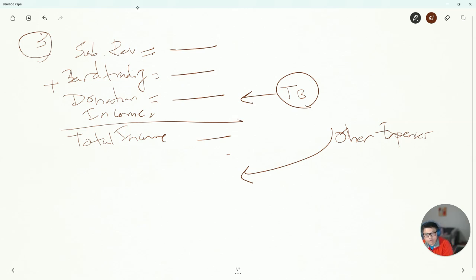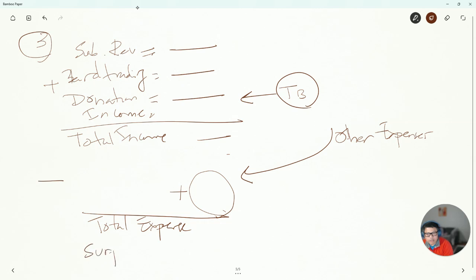So you bring all the other expenses, add them, and that will be total expense. Then we do income minus total expense, and you have a surplus or deficit for that non-profit organization.